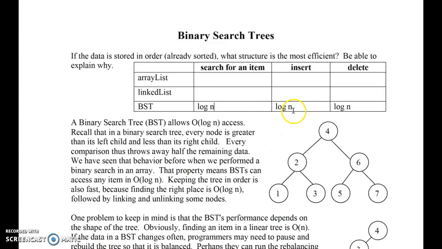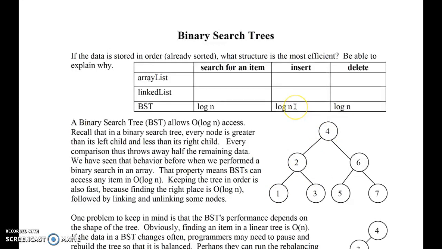Similarly, if I'm going to insert a new item, so let's say I want to insert an 8, I need to find the spot. The process for finding that spot is very similar in that I'm cutting. I know when I look at this 4 that the 8 should go to the right of it. So I've already discounted half of my data. I don't need to look at all that.